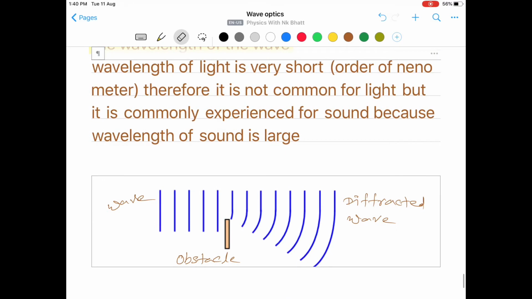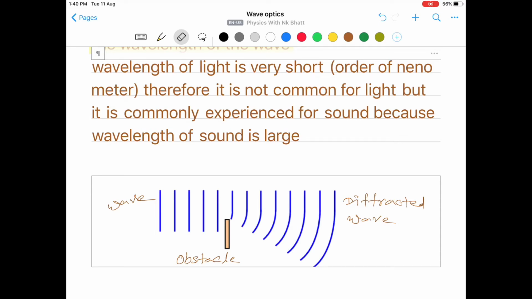Just see this diagram. If we talk about diffraction, this is the wave propagating from one place to another, and in between there is an obstacle. If this wave passes over the obstacle, then the waves are bent and enter the opposite side over a large area.